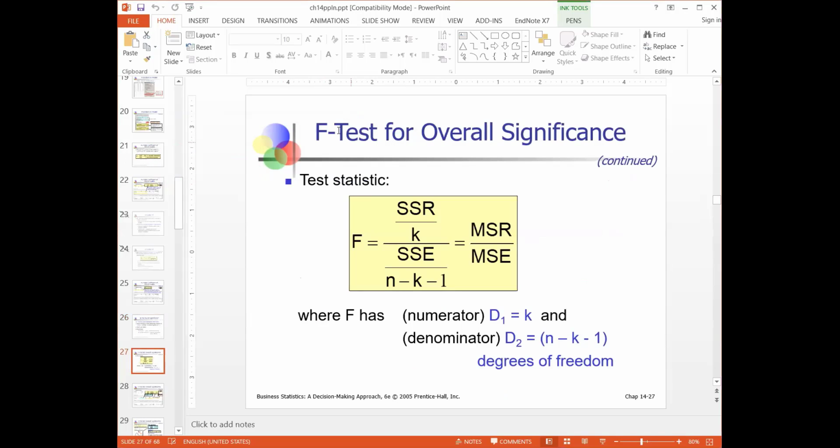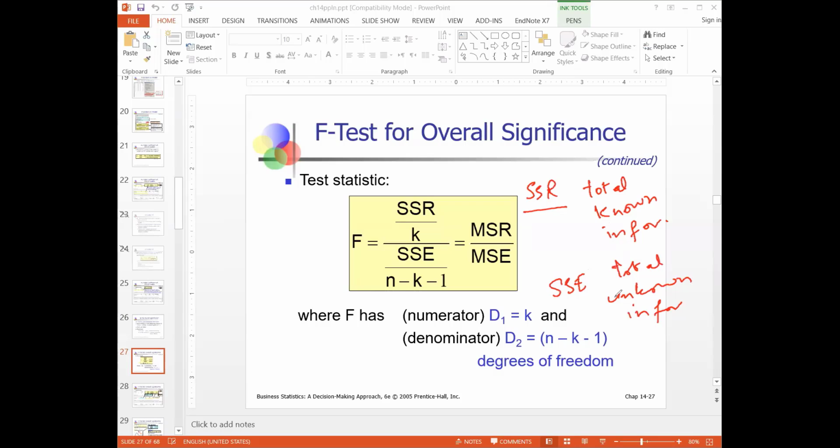So the formula for F test is, let us go back to what we meant by SSR. So what was SSR? It was total known information. And what was SSE? Total unknown information.